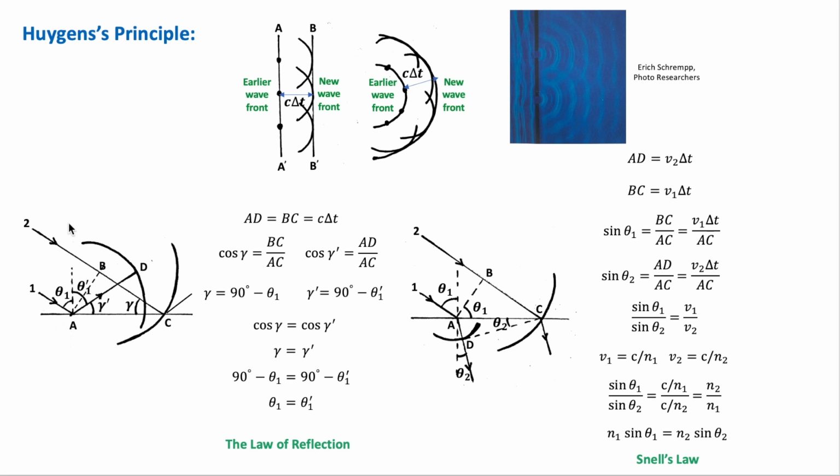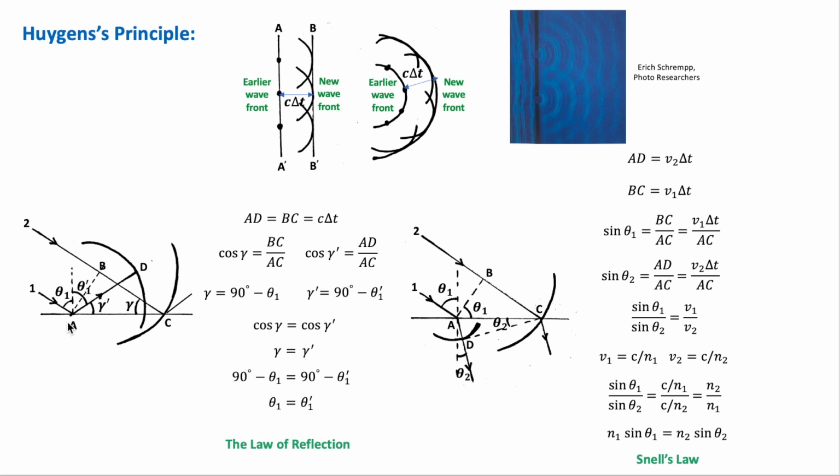Just as ray 1 strikes the surface here at A, the point A is a source of a spherical wave, and it will emit a Huygens wavelet. It will be sent out from A, and this is a picture at a later time, delta t. This wavelet arrives here, passing through D, and you see that the reflected light makes an angle of gamma' to the surface.